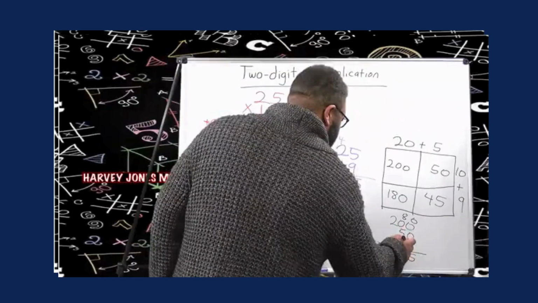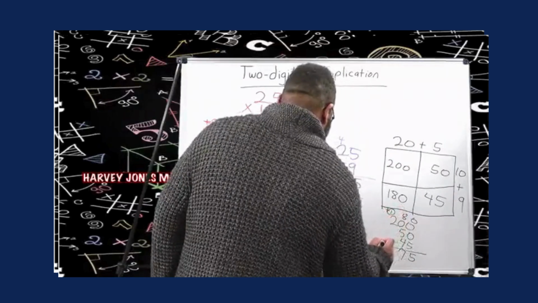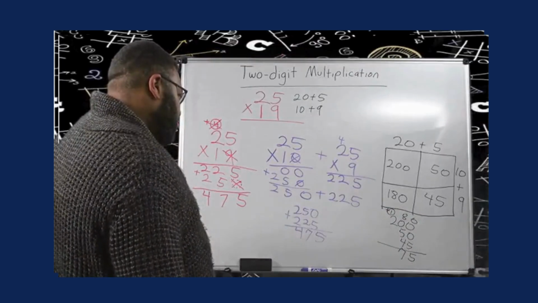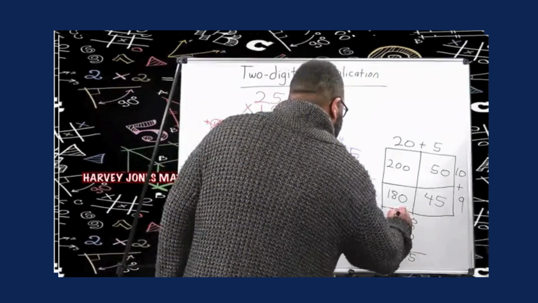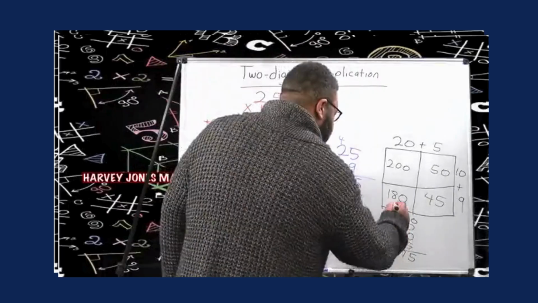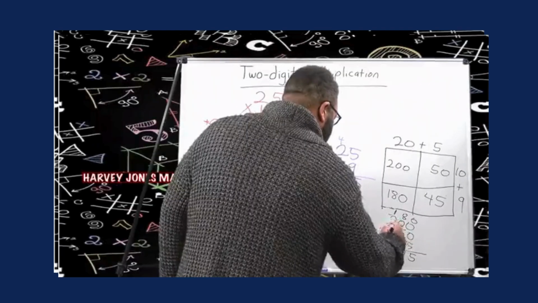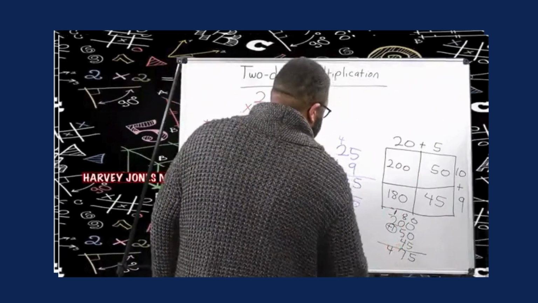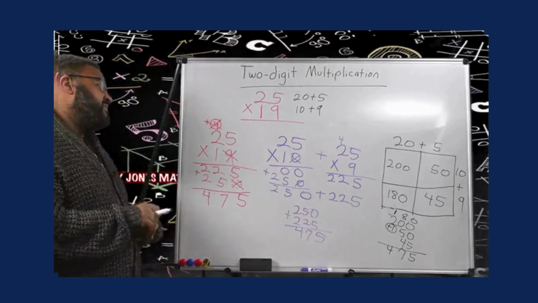Carry my 1 and add it back. Sorry about that, folks, that's 180. So that's 17. Carry my 1 up here, plus the 1 right here. So what is that going to be? That's 2 plus 1 plus 1. That'll give us 475.